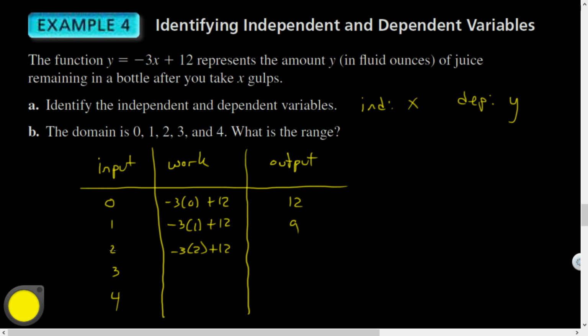So I input 2. What's the output going to be? 2 gulps will leave me with how many ounces of fluid? Let's see. Negative 3 times 2 is negative 6. 12 minus 6 will be 6.